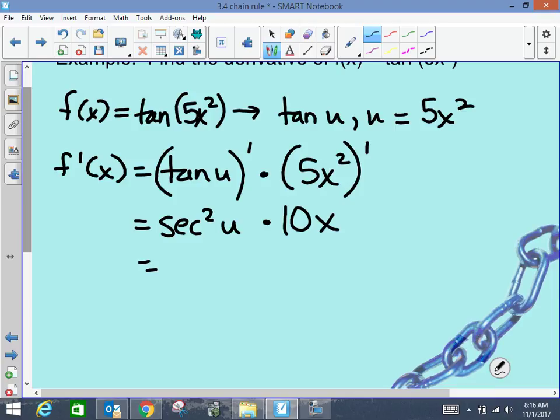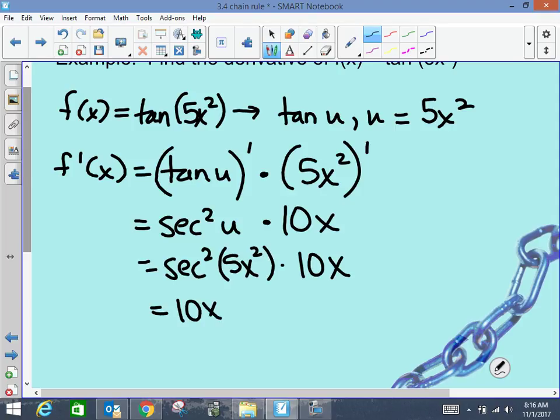Okay, what do we got left to do, besides clean it up? We have a weird variable. Can you plug in 5x? Yes, ma'am. Plug in 5x squared for u. Okay? If you want, you probably should, just because you can eliminate the u.